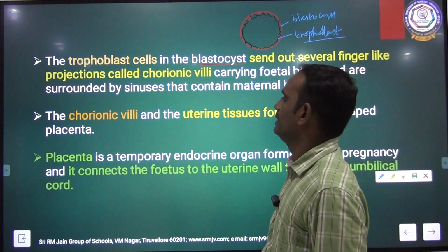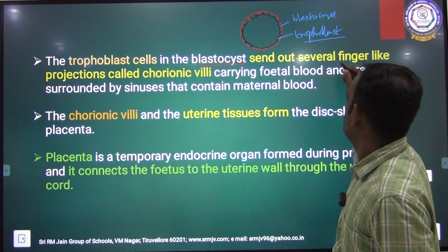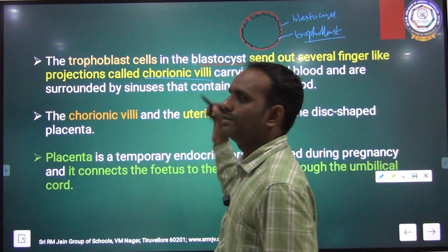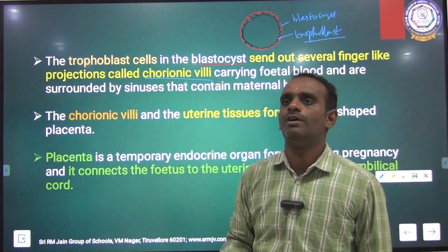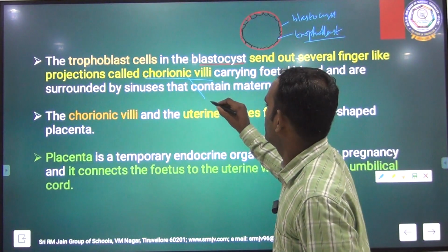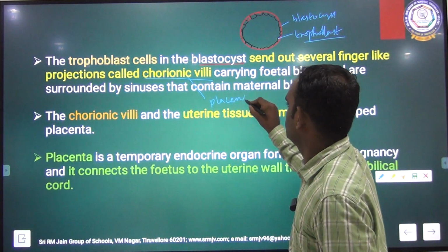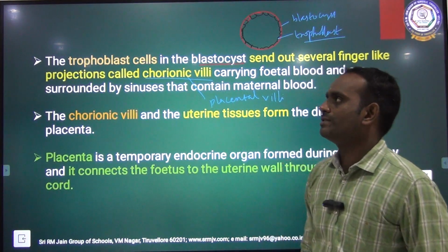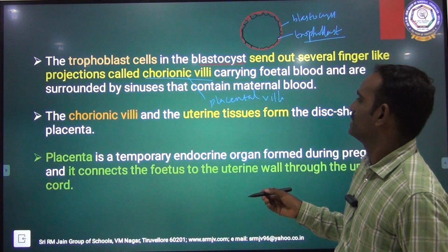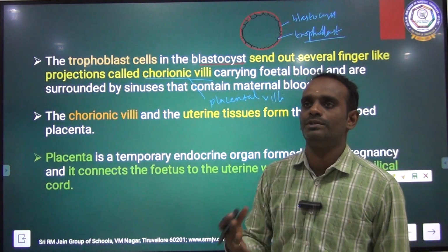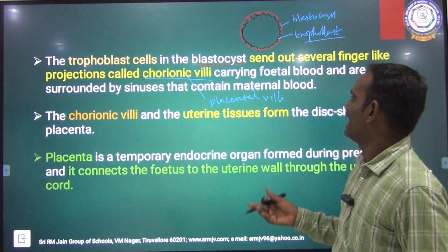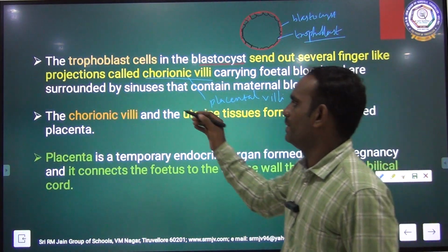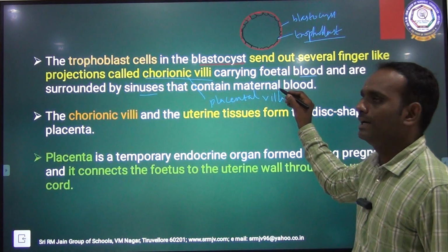The trophoblast in the blastocyst sends out several finger-like projections called chorionic villi. The chorionic villi is also called placental villi. So, the trophoblast of the blastocyst sends out several finger-like projections called chorionic villi carrying fetal blood, and they are surrounded by sinuses that contain maternal blood.